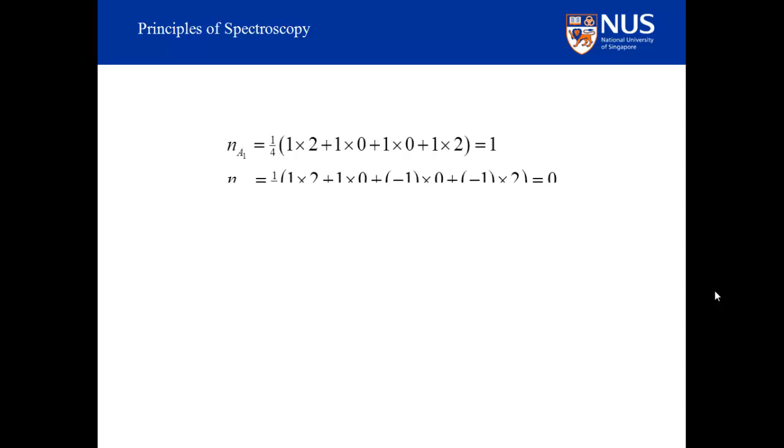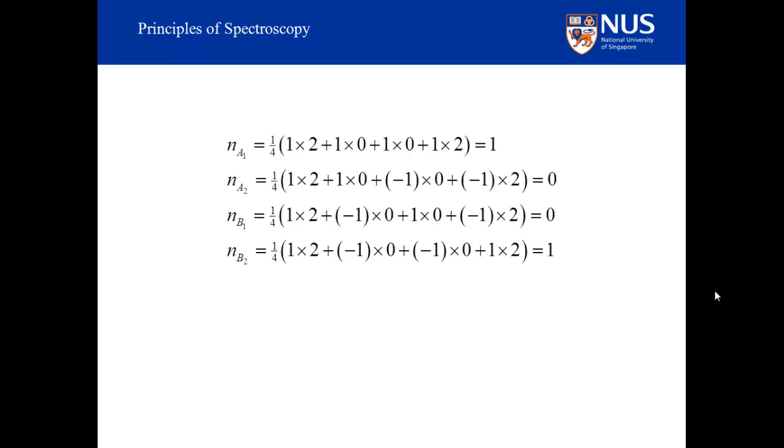It is easiest to see what is going on by doing an example. Let's apply the reduction formula to our representation 2, 0, 0, 2. The number of irreducible representations with A1 symmetry is computed in the top row.